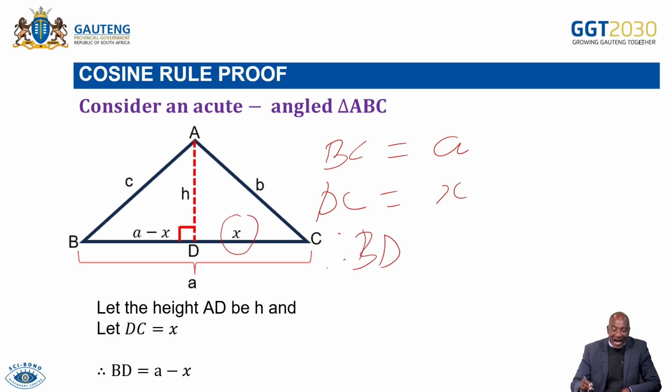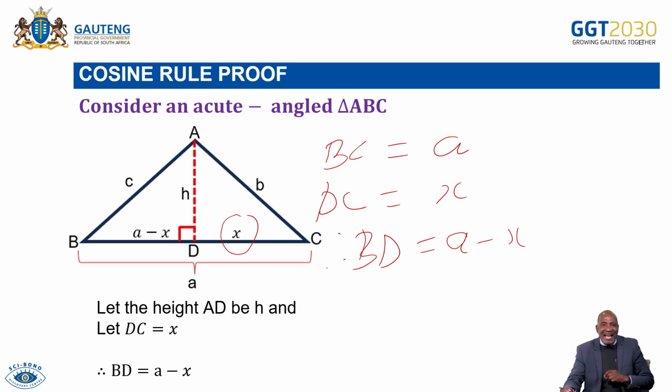We are cutting out x from a, so our BD is going to be a minus x. Meaning, if BC was 10 centimeters, then DC, we make it 4 centimeters. Then what remains as our BD is going to be 10, the whole length, minus 4, which will then give us our 6.